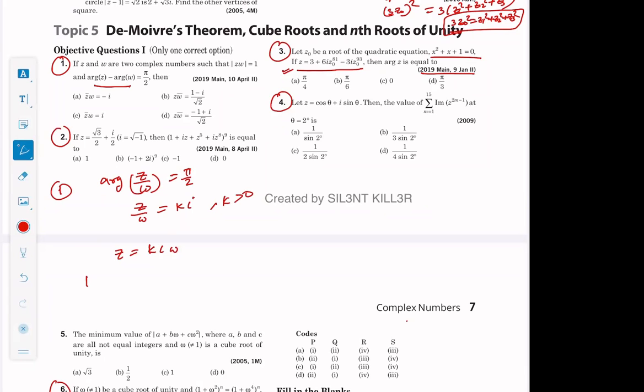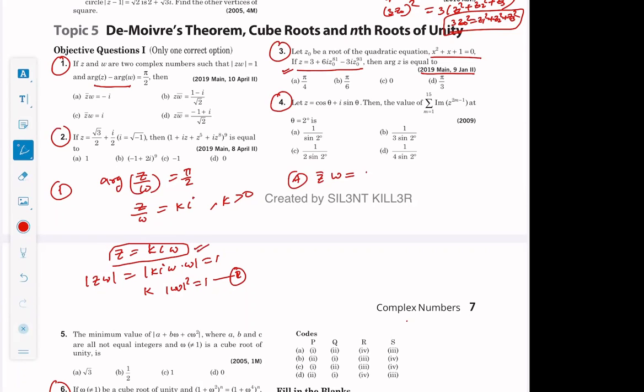So if I put mod ZW is equal to mod KIW into W is equal to 1. So this is K, magnitude of I is 1, mod of W whole square is equal to 1. So this is the second equation. Now you have to substitute this value in the different options. Now check by option. For example A, Z bar W, we have to calculate Z bar W. What is the value of Z bar?